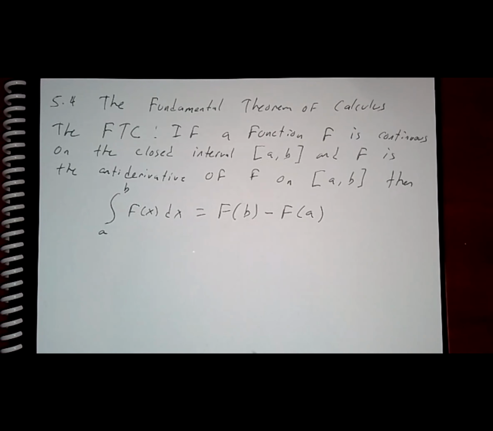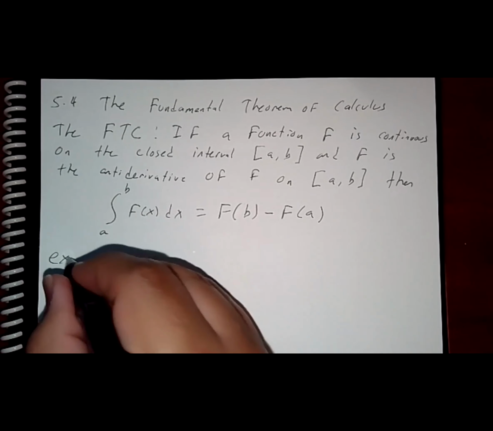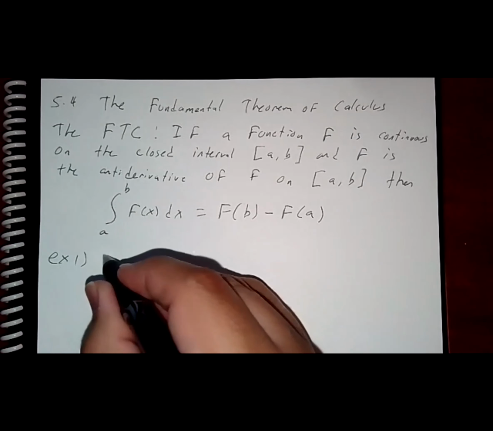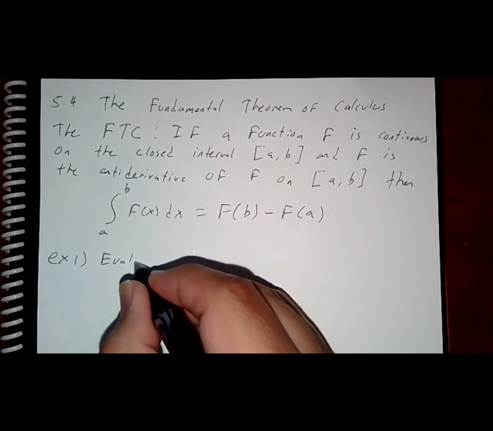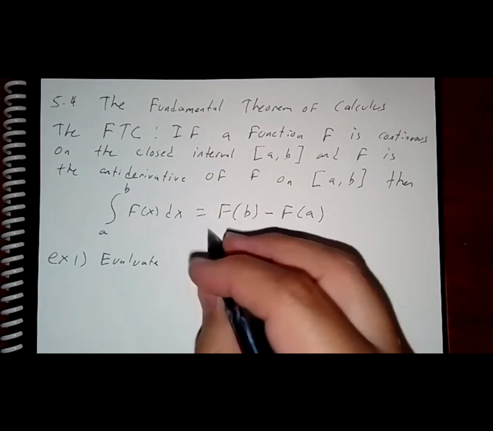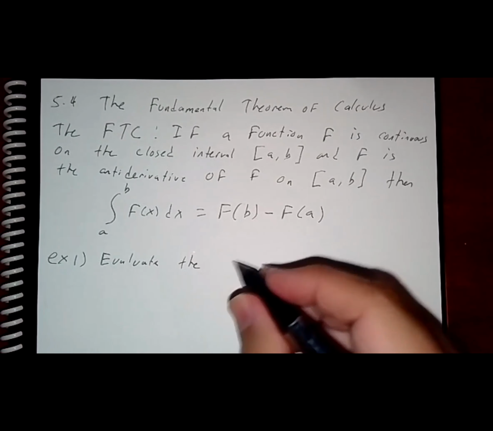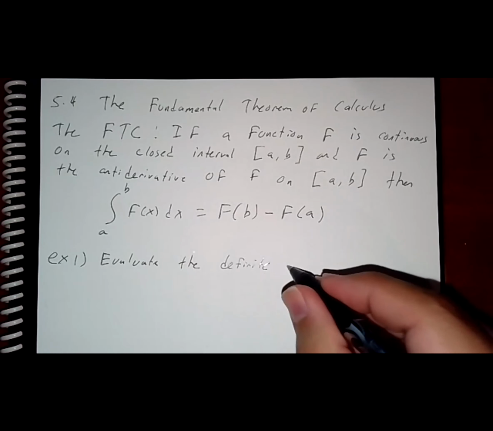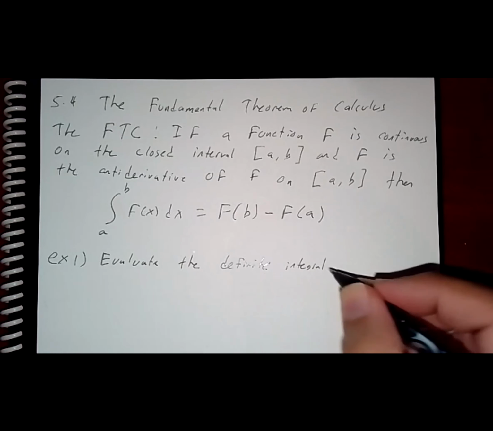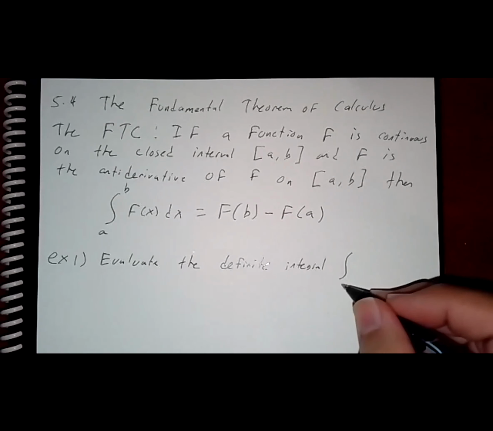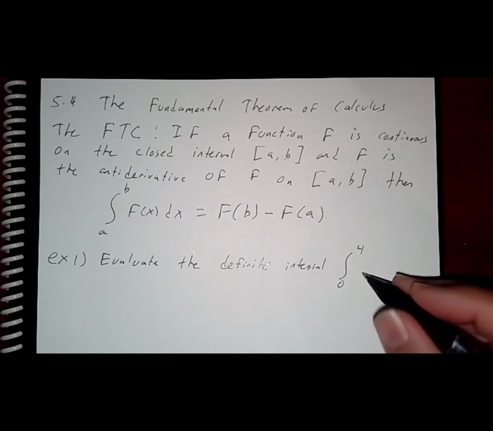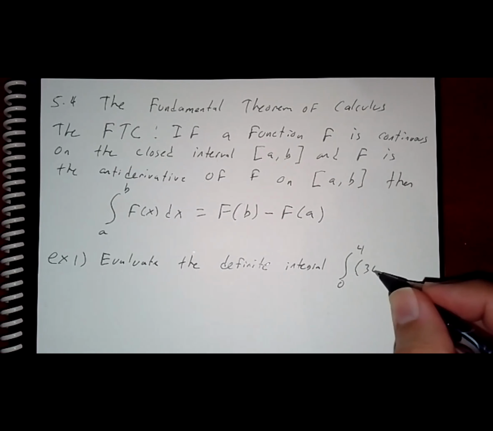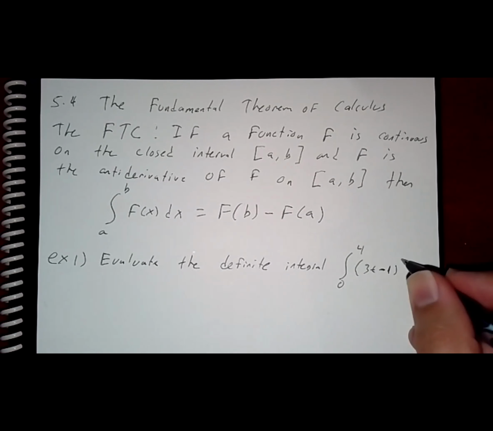Okay, so let's do example 1. For a lot of you, this should be review. Evaluate the definite integral. It's definite now because there's bounds, from 0 to 4 of (3t minus 1) squared dt.